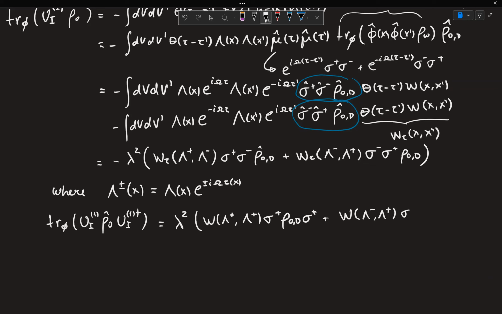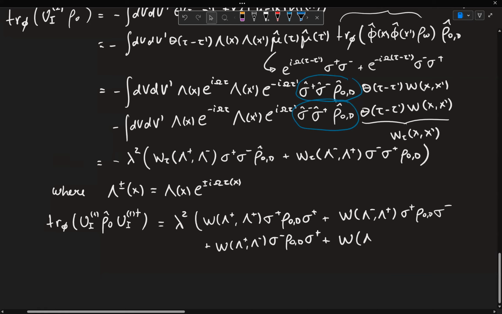Then you will have lambda plus, lambda minus, and the rho being sandwiched between sigma minus and sigma plus. And finally, the last term will be a W of lambda minus, sigma minus rho 0d, sigma minus. All right. So try to get to this result.